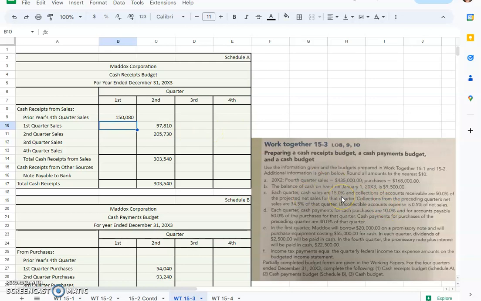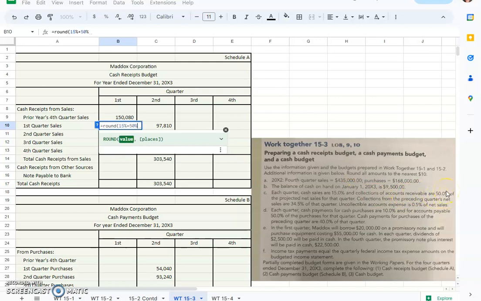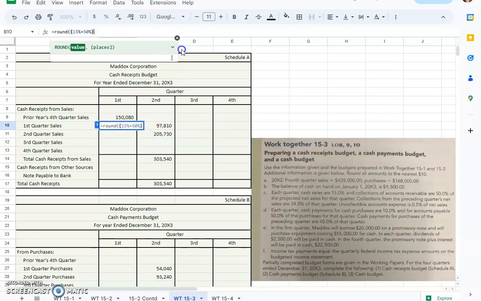Then what portion in first quarter is from first quarter sales? We have equals, again, a round function, 15% cash plus 50% accounts receivable. We'll take the combination of that, so we need a second parentheses right here so we can do order of operations. Then that's times our first quarter sales.